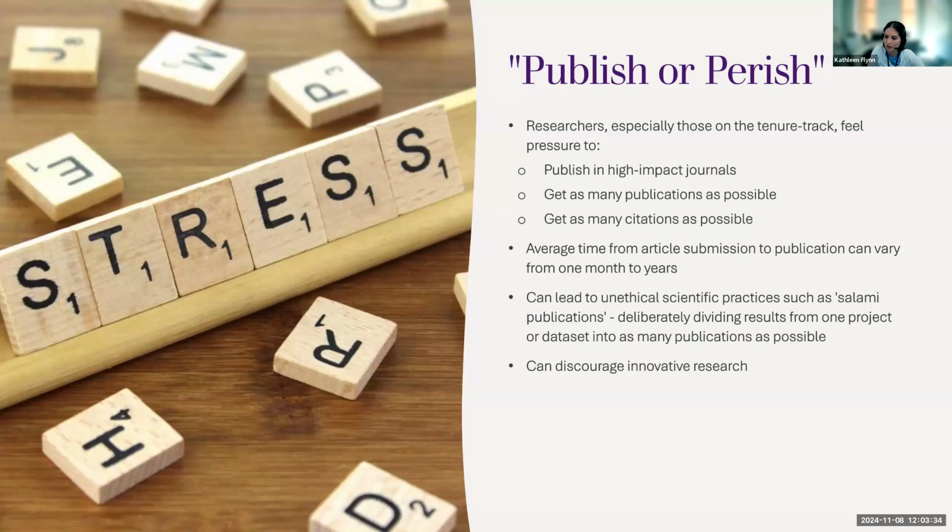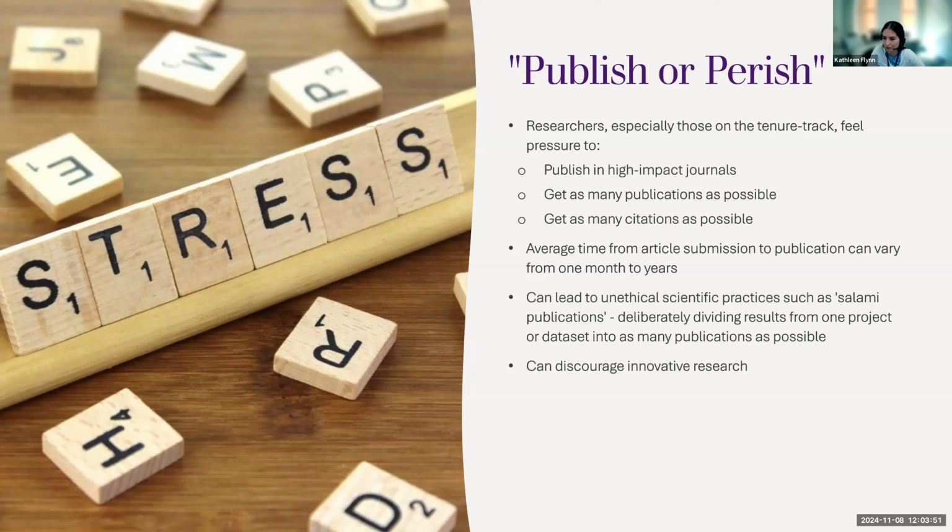And this can be particularly stressful since not only do research and writing processes take a lot of time, but the time to publish, for instance, even an article, it can take maybe a month or two, but it could take a year or more from submission to publication.